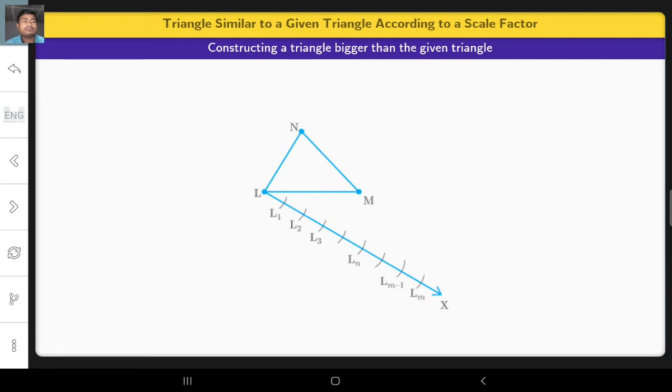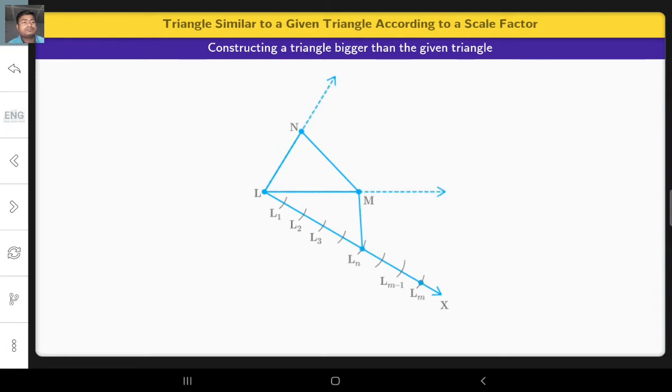Mark off points L1, L2, L3, ..., Ln, ..., Lm along the line LX such that LL1 equals L1L2 equals L2L3 equals Lm-1Lm. Join LnM.